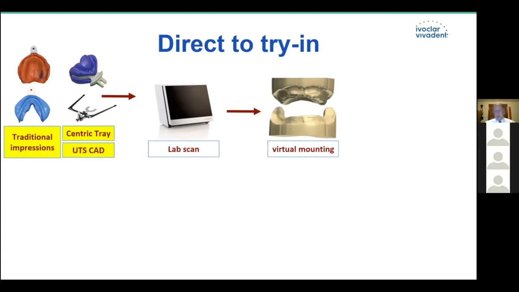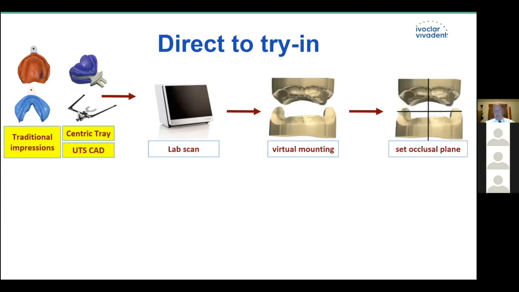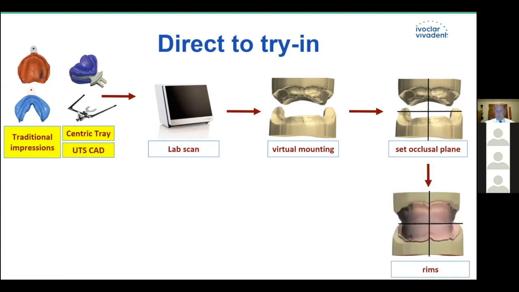Now we have our virtual mounting. We use the UTS values, the information from this little device, to help us select an occlusal plane and provide some information for that occlusal plane, so that we can use it to help guide the positioning of the rims. Well, this is how we started.